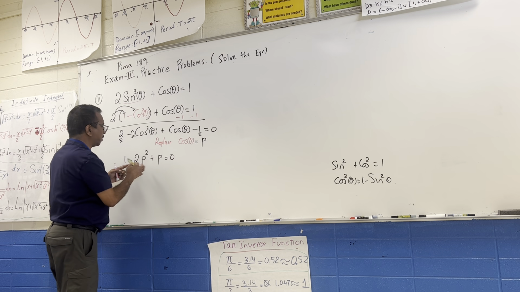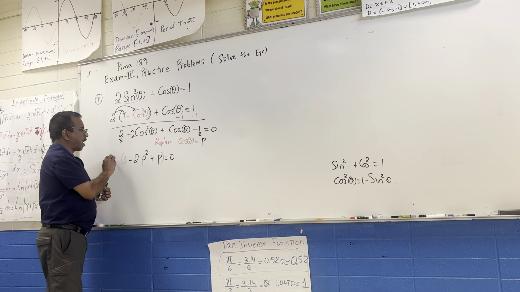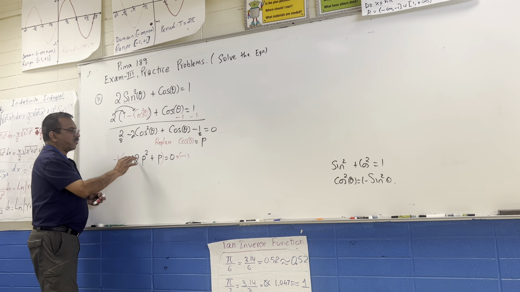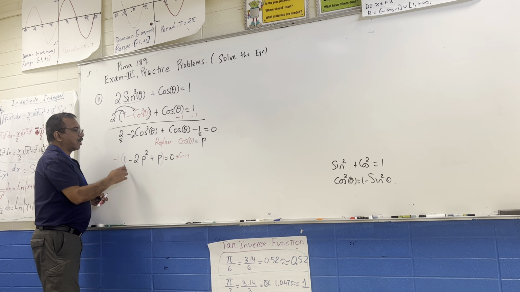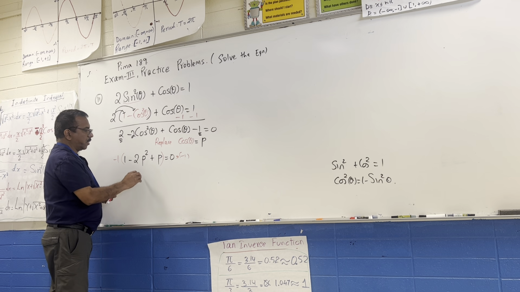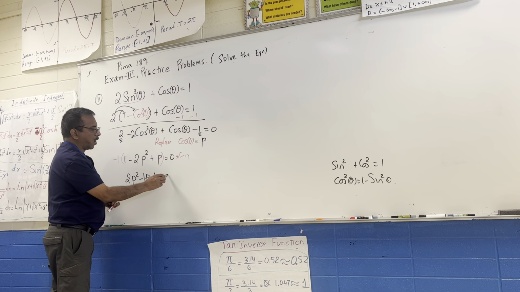We can write this in the proper quadratic form by multiplying negative 1 on both sides, which switches all the signs. So this will be 2p square, negative 1p, and this positive 1 will be negative 1.